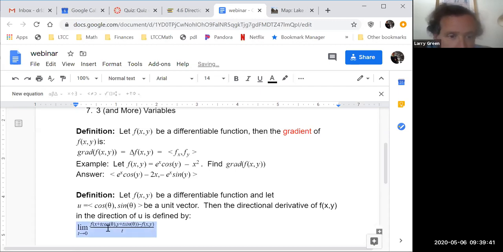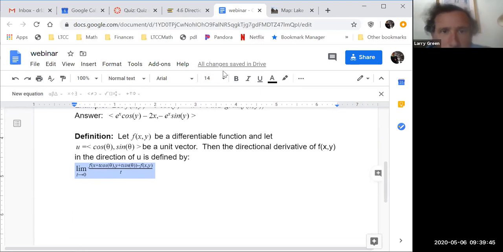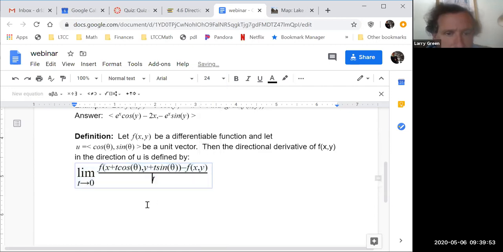Let's make that bigger because it's too hard to see as it is. Not to mention it's probably too low for you. And there is the directional derivative definition.